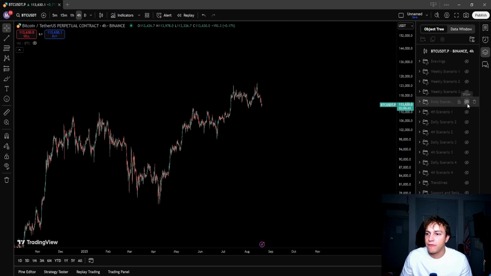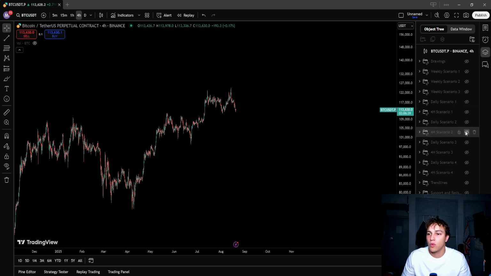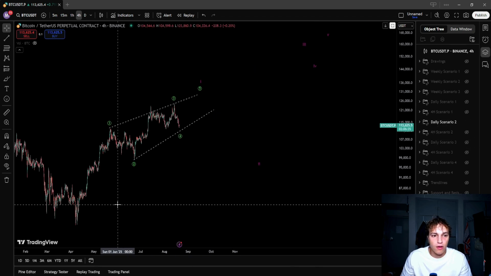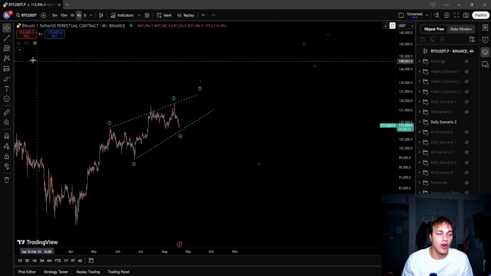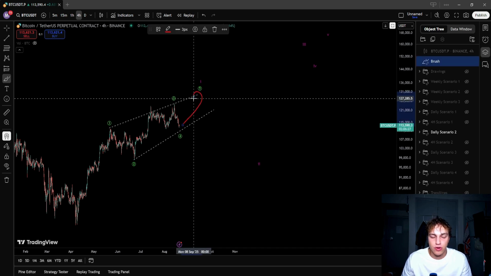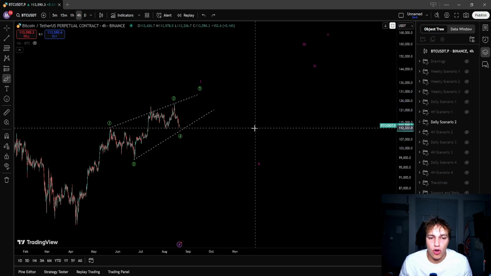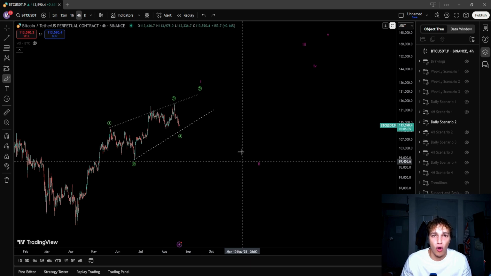Now, if we look at the daily time frame as our main scenario, which was this unfinished wave 1 towards the upside in a leading diagonal, we are looking for one more move towards the upside. If we are taking this as our main scenario, what are the things that confluence with this move on Elliott wave?